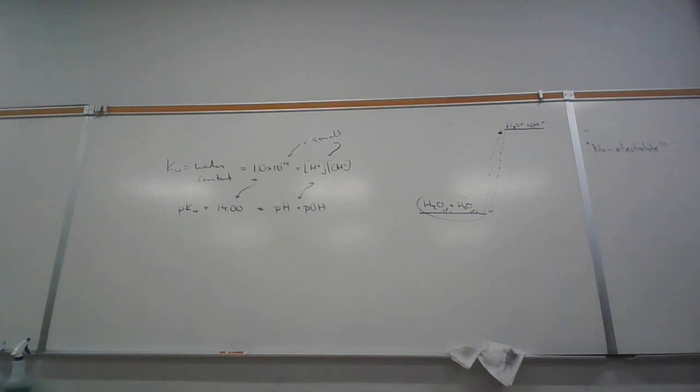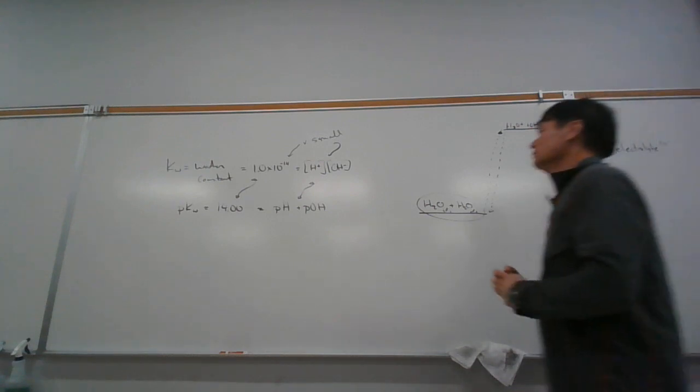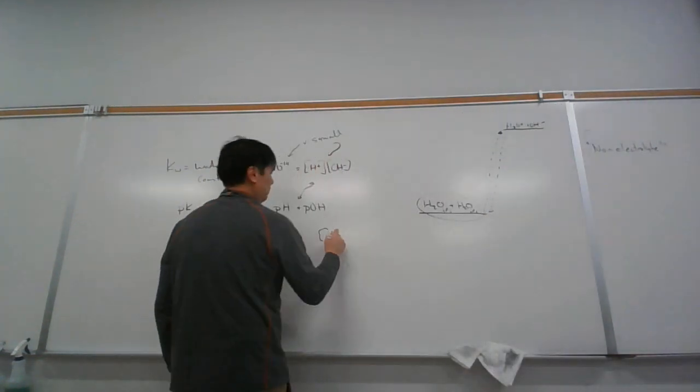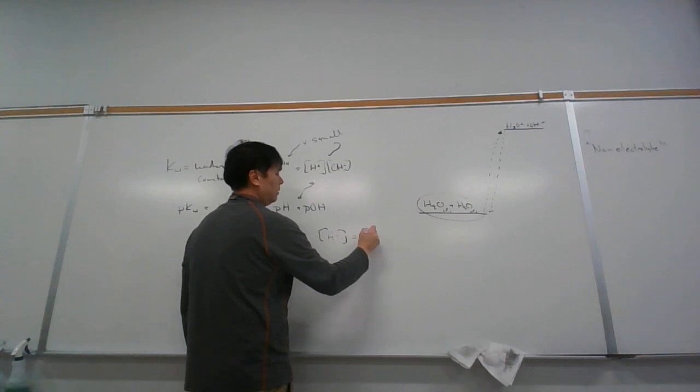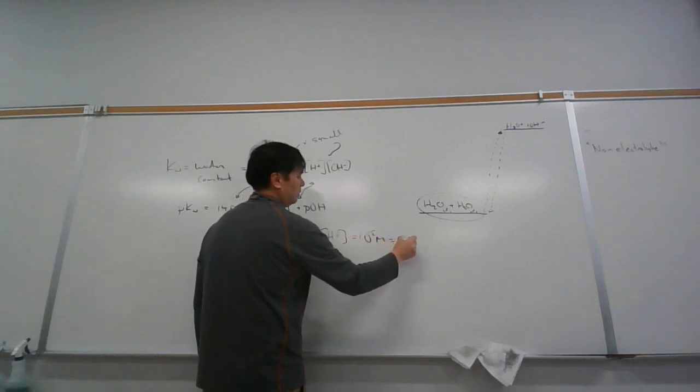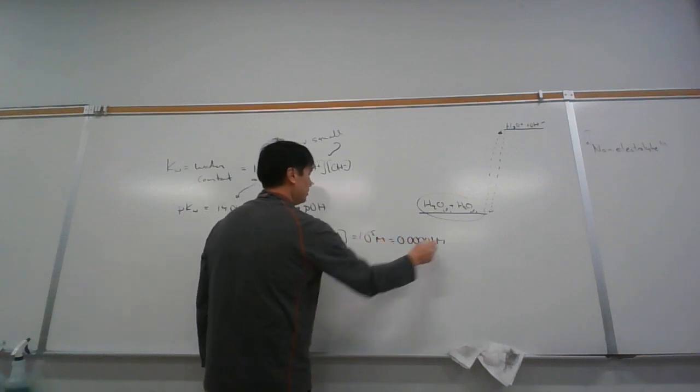Well, which one's higher, the H plus or the hydroxide? Which one has a higher concentration? Well, it's a little bit tricky because this is 10 to the minus 9 and this is 10 to the minus 5. The H plus is going to be 4 zeros and a 1 molar.